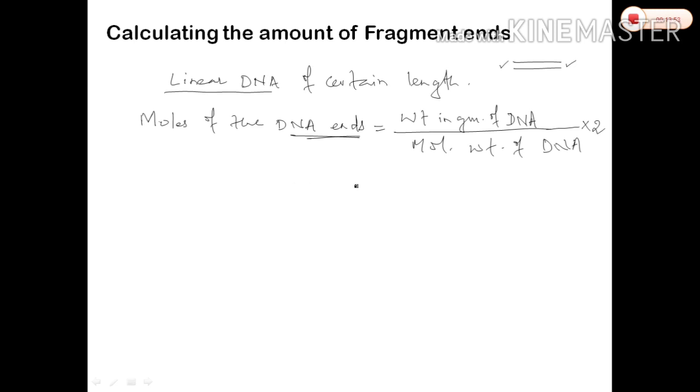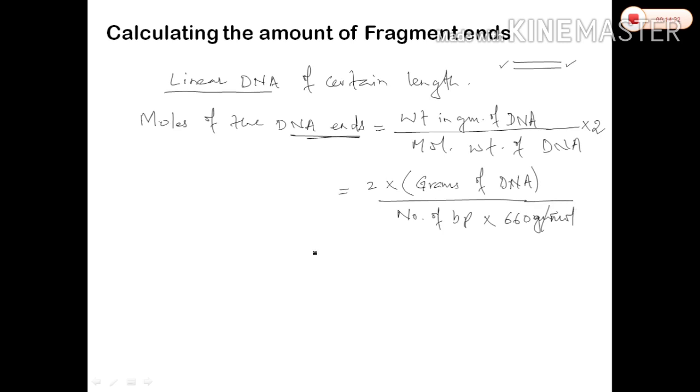So this can be represented like this also: 2 into grams of DNA, if it is given in grams, divided by the number of base pairs into 660 gram per mole, right?